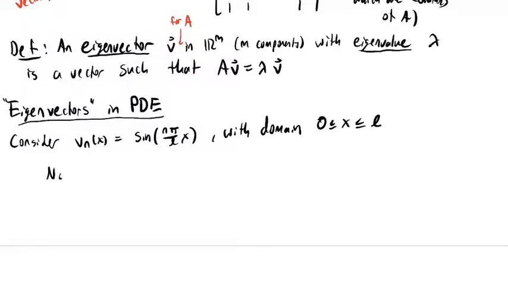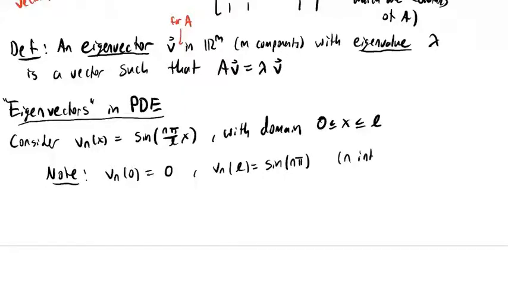Well, notice that we have a specific boundary condition, which is related to the boundary condition we were studying for the PDE. So if I look at v_n of 0, this is 0, just because sine of 0 is 0. Also, if I look at v_n of L, this is equal to sine of, well, x gets replaced by L, and then that cancels with the other L. So I have sine of n pi. n is an integer, right?